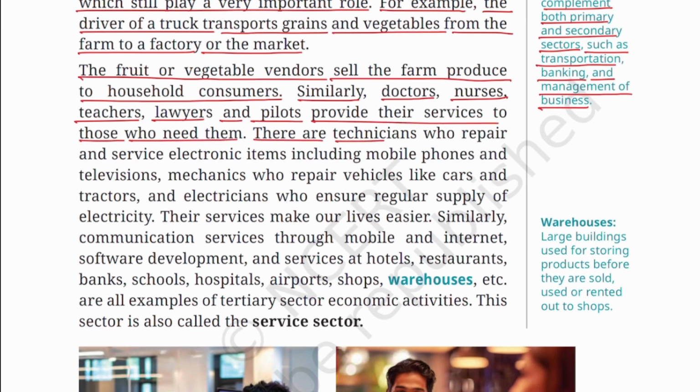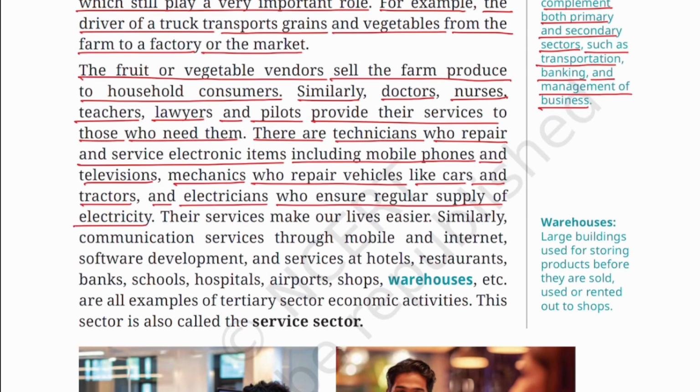There are technicians who repair and service electronic items, including mobile phones and televisions. Mechanics who repair vehicles like cars and tractors, and electricians who ensure regular supply of electricity. Their services make our lives easier.